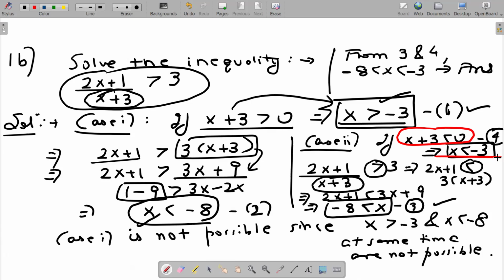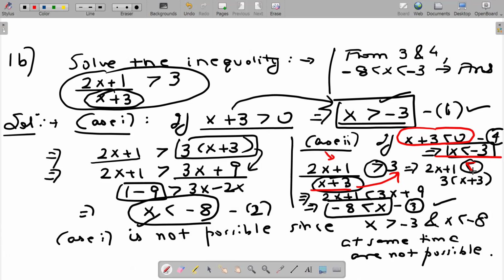Then I take the second case, which is x plus 3 negative, which means x is less than minus 3. Now if I solve the inequality 2x plus 1 over x plus 3 more than 3, I get 2x plus 1. Now comes the change. Because x plus 3 is negative, if I take it on this side, it will change the sign of my inequality. That means 2x plus 1 will be less than 3 times x plus 3, which makes it 2x plus 1 less than 3x plus 9.